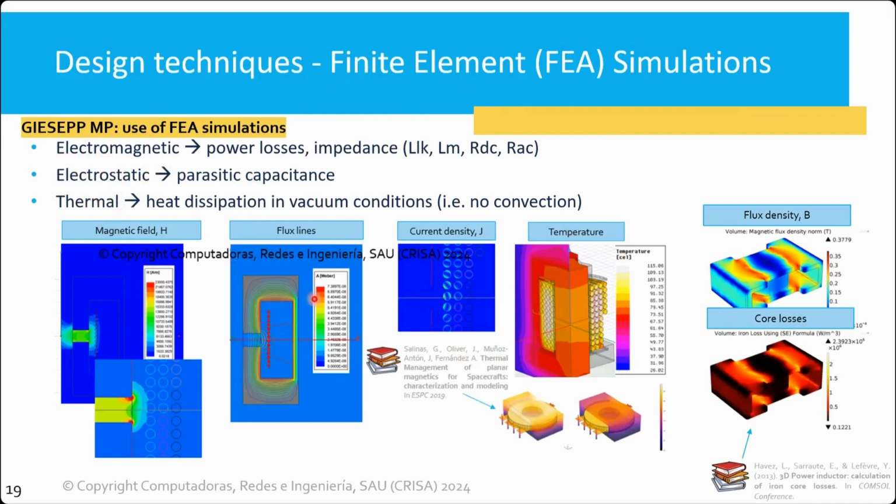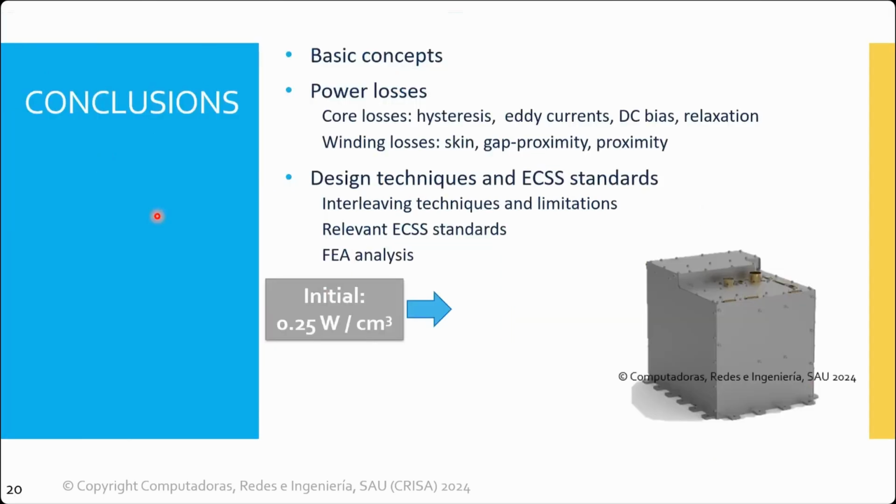With this type of simulations, when you have two-dimensional or even three-dimensional effects, you can estimate very accurately how much power loss, how much dissipation you have in your component. You can characterize its impedance, its parasitic capacitance, or even check how much temperature it reaches during operation. This is really important when you are designing, because you want that result before actually manufacturing these components. So that's why they are very useful, and we use them, of course, in GIESEPP.